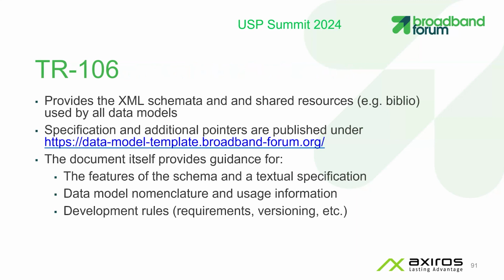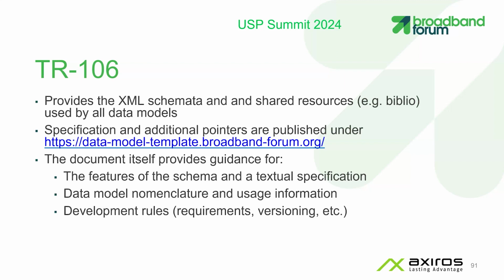So in terms of the data model template, Tier 106, this basically provides the XML schemata and a number of shared resources. We, for instance, reference a lot of other standards, so IETF standards, IEEE standards, and also various other websites, and those are all part of the biblio.